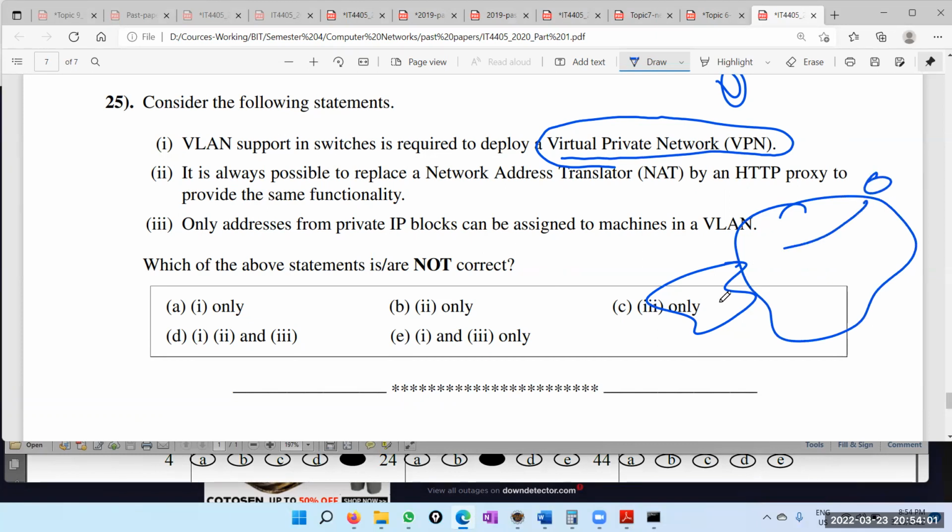I want to connect to my office network to do some official work. So then we can create a VPN connection. Right? Of course, here they have to configure the VPN connection and give me the access. Right? So no need to have VLAN.